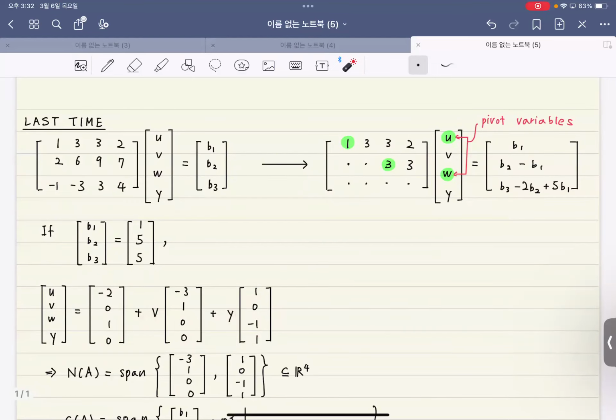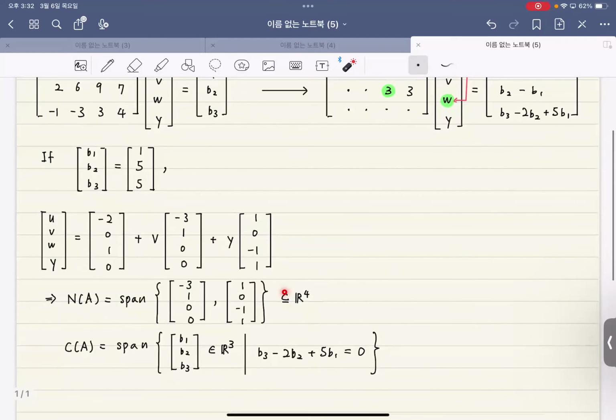And these v and y are not pivot variables, so they were called free variables. So this was a particular solution, and this vector here is actually nothing but the null space. All right, so I could say our null space can be generated by these two vectors, the two vectors next to these free variables.